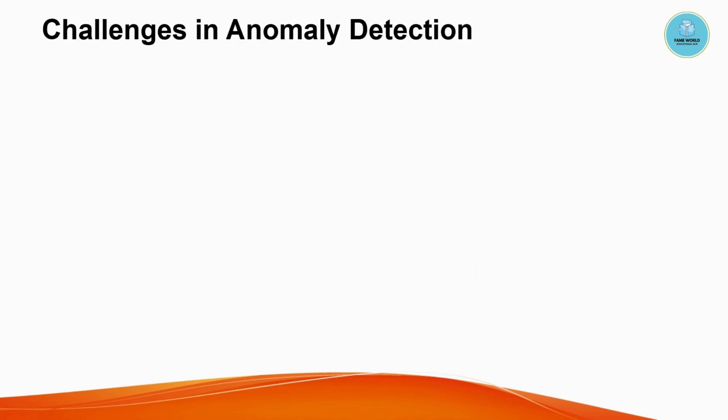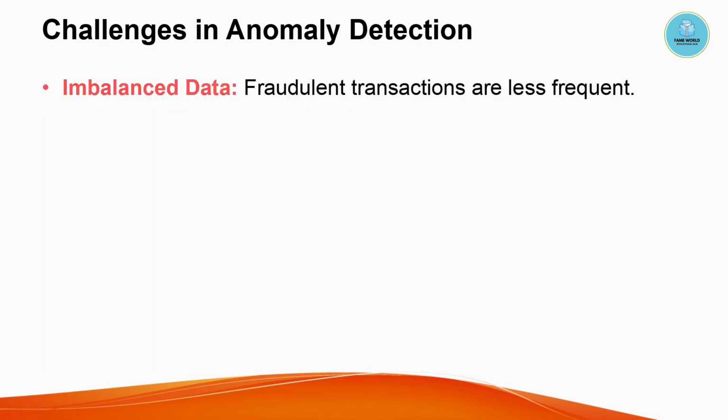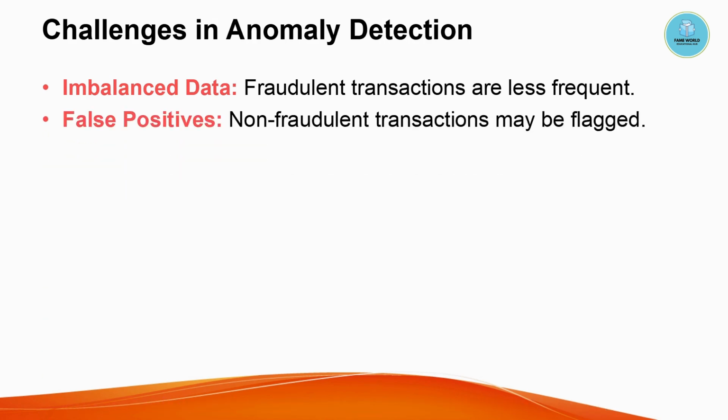While anomaly detection can be powerful, it does come with challenges. One of the biggest hurdles is the imbalance in data. Fraudulent transactions are far less common than legitimate ones, making it harder for the model to identify fraud accurately. Another challenge is dealing with false positives.